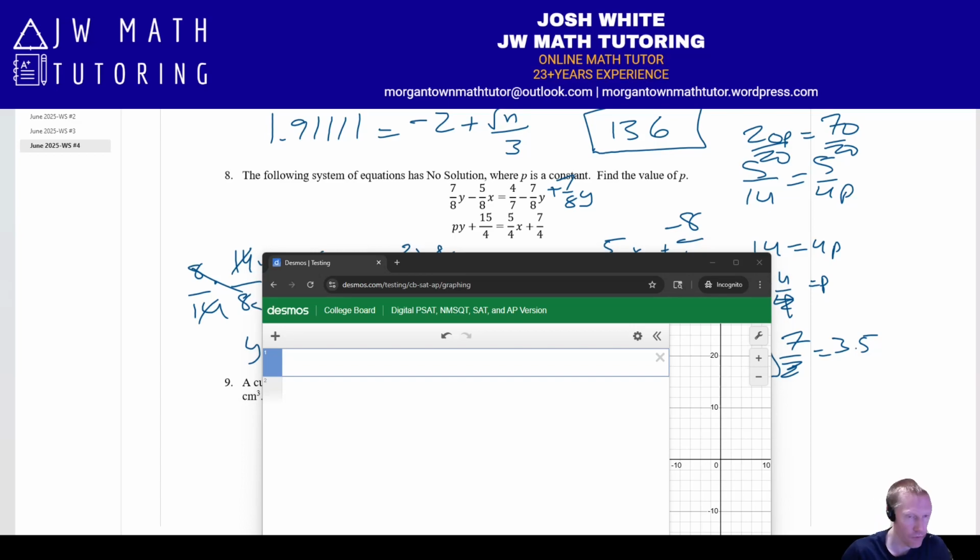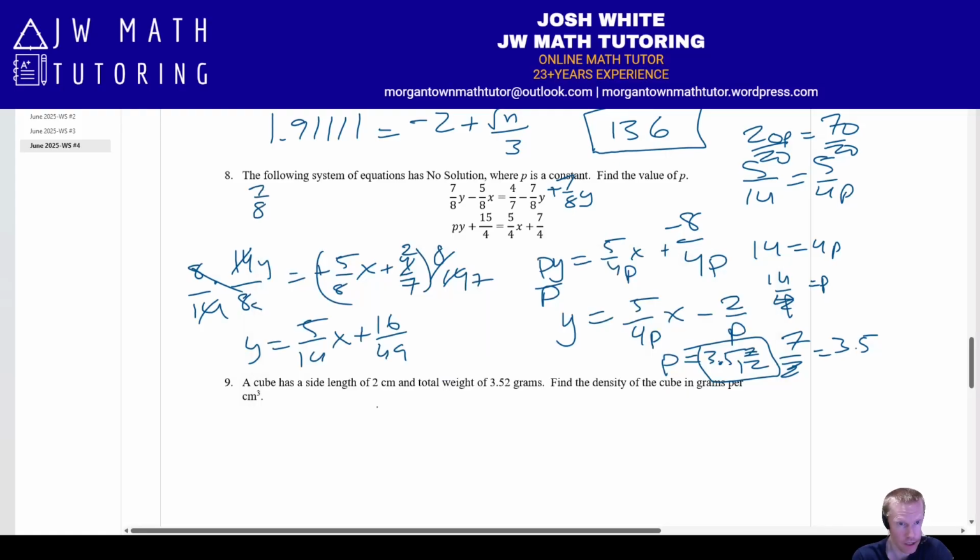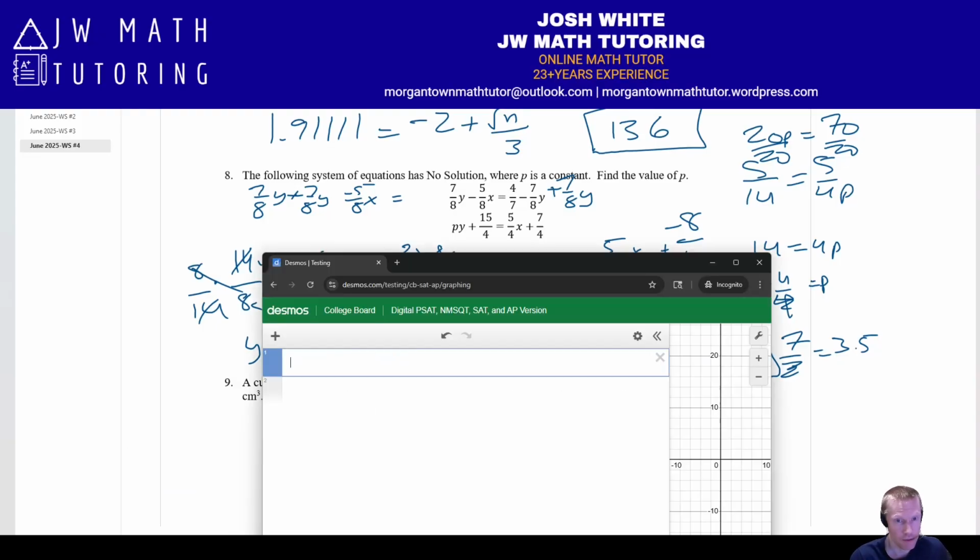Okay, so for the first one, top equation, we would again move the 7/8 y over to the left side, right? So we've got 7/8 y minus 5/8 x equals whatever. You don't have to combine them for this method. So the x coefficient on the top is going to be negative 5/8.